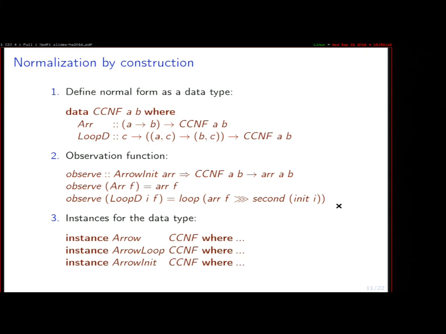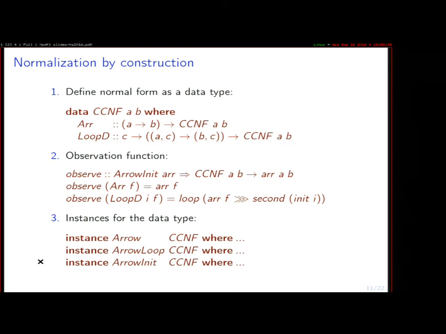And thirdly, there is an implementation of this model as the Arrow class, ArrowLoop class, and ArrowInit class. If you are familiar with normalization by evaluation, the first step corresponds to the model, the second step corresponds to the interpretation, and the third step corresponds to the reification of term level expressions into the object level.